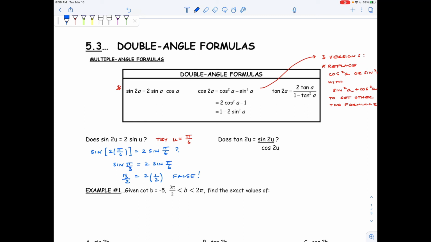Now, if we did tangent 2u equals sine 2u over cosine 2u on the right side here, as we can see, that actually is a true statement, and we've seen that before. So as long as the angles are the same, then the identity can be scaled up or down.